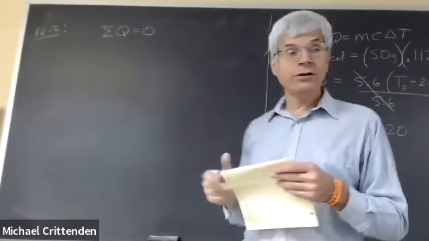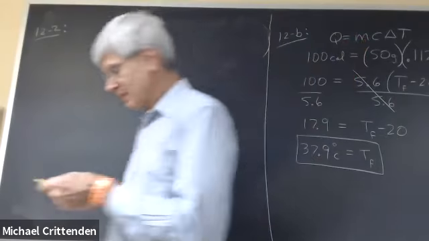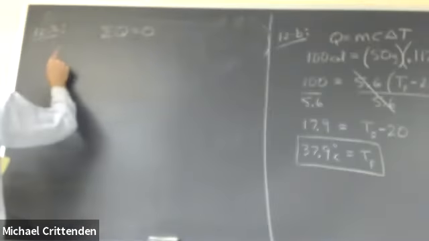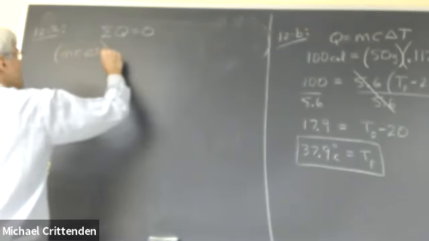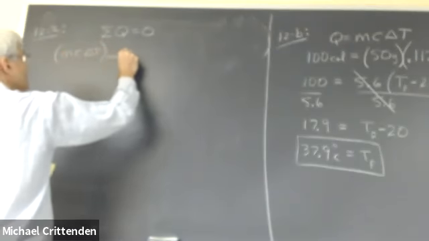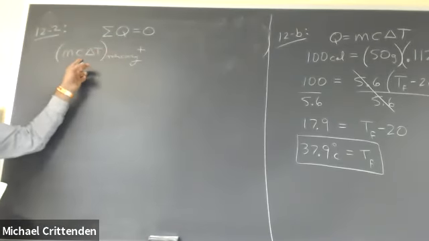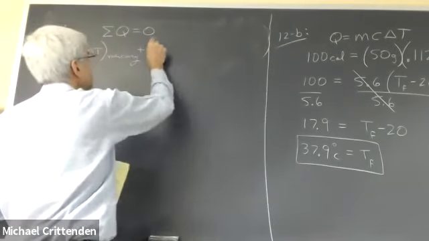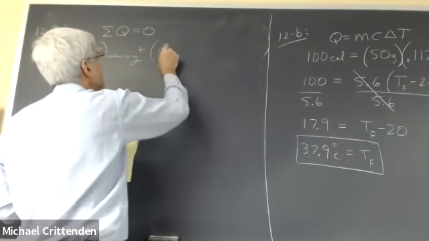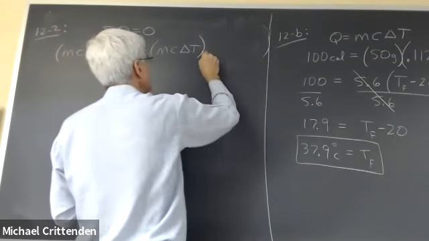Each of those Q's is equal to MC delta T. So MC delta T for the mercury is equal to MC delta T for aluminum.